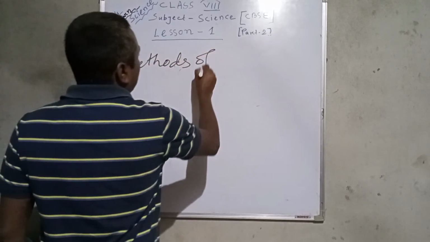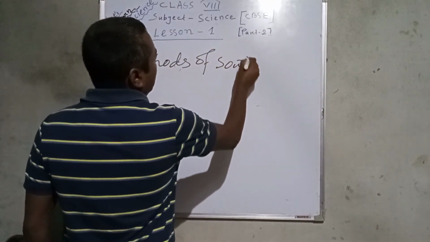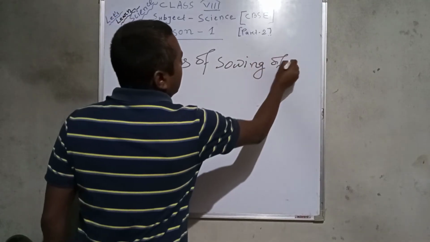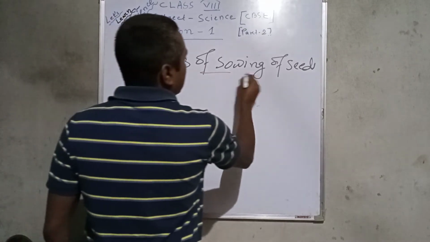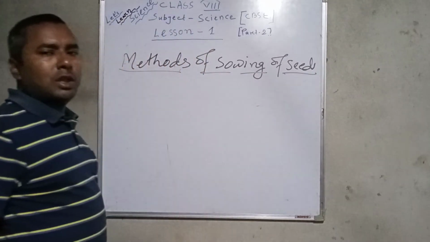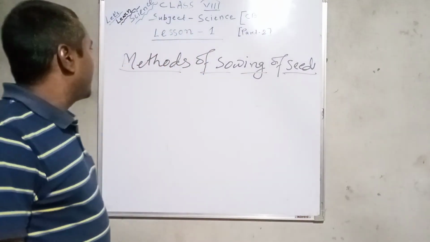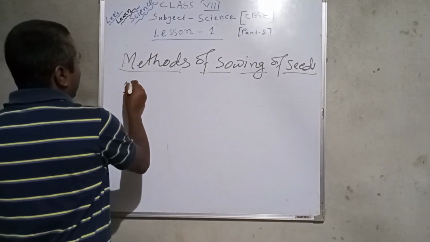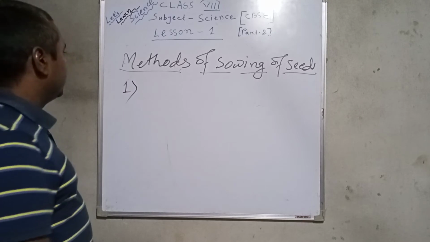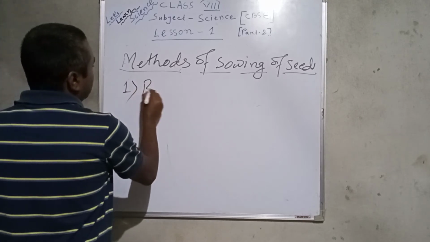Methods of sowing of seeds. How many methods are associated? I told you, 4. Number 1, broadcasting.